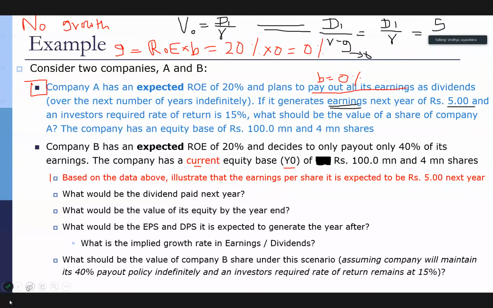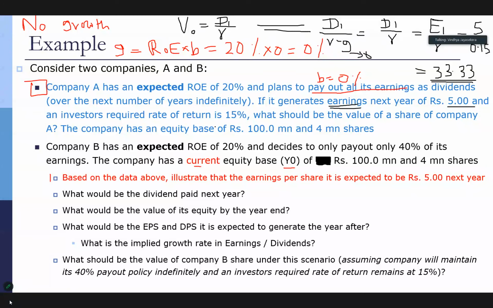Your dividend is equal to your earnings. ₹5 divided by 15%. So the company's value is 33.33. ₹33.33. Right? So that's very easy.